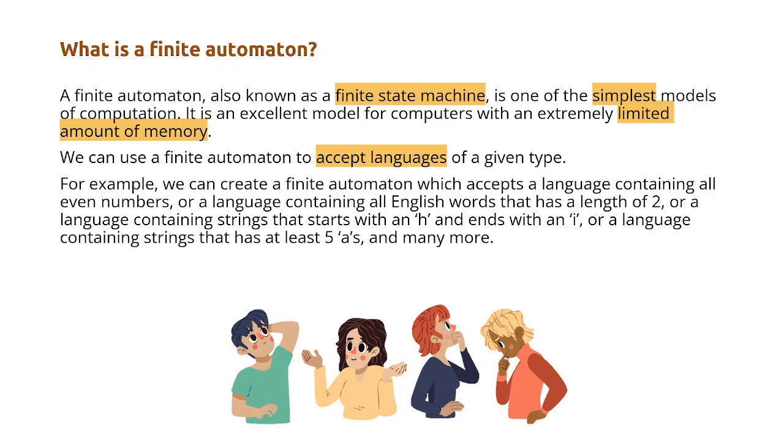For example, we can create a finite automaton which accepts a language containing all even numbers, or a language containing all English words that has a length of 2, or a language containing strings that starts with an H and ends with an I, or a language containing strings that has at least 5 A's and many more.